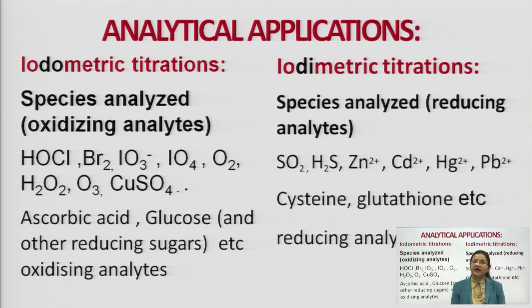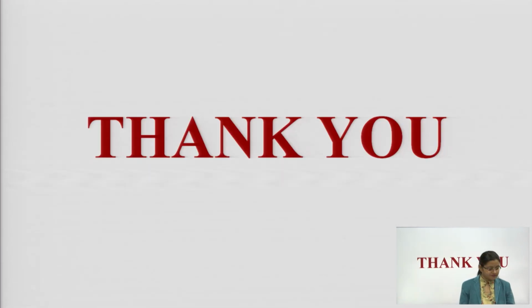That's why in iodimetric titration the reaction completion or the end point is marked by the appearance of blue color, and in iodometry it is marked by the disappearance of blue color.